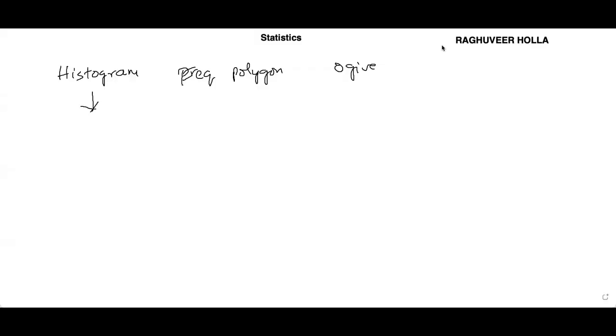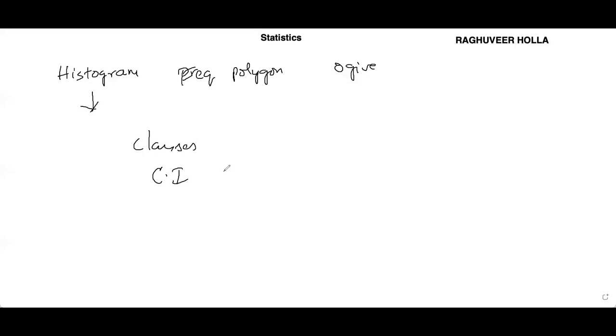Let us understand that in a grouped frequency table, a large number of observations can be condensed into groups that are called classes, and each class is known as a class interval.